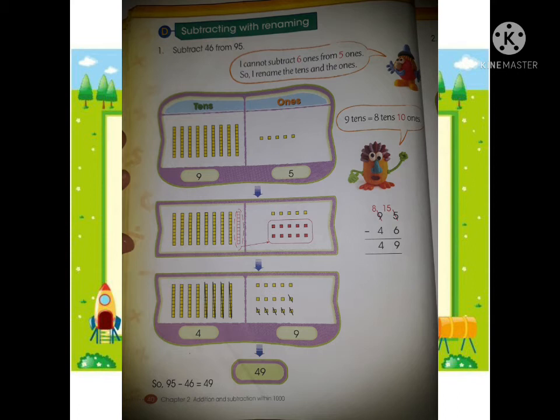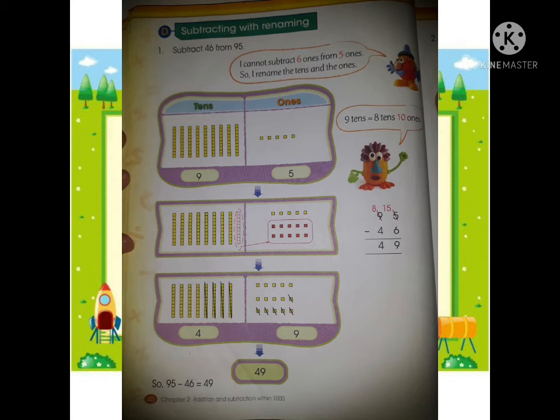5 ones minus 6 ones, we cannot subtract, so we regroup 1 ten into 10 ones. Now we have 8 tens and 15 ones. Let's subtract the ones. 15 minus 6 equals 9.